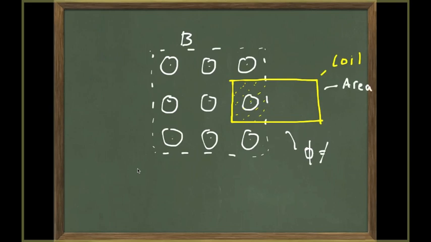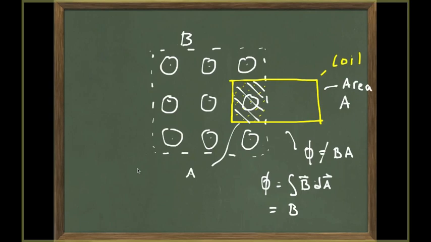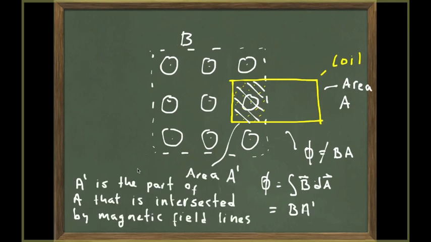So in principle, you should write phi as being the integral of B dot dA. If there is B here, then you get a B dA contribution. But if there's no B on the left-hand side, then that area does not contribute. So it's only the part of the area that is in the magnetic field. Just be careful with that.